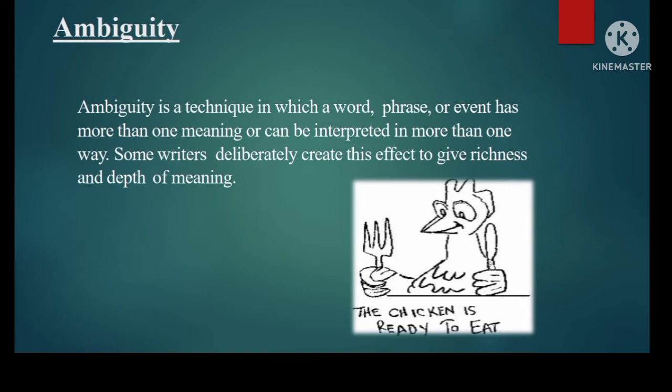You can say that the chicken is ready to eat something, or if you tell somebody the chicken is ready to eat, the person will understand that the chicken is cooked and the meal is ready, so come and have it. So this pictorial representation creates an ambiguous effect that the chicken is ready to eat something.